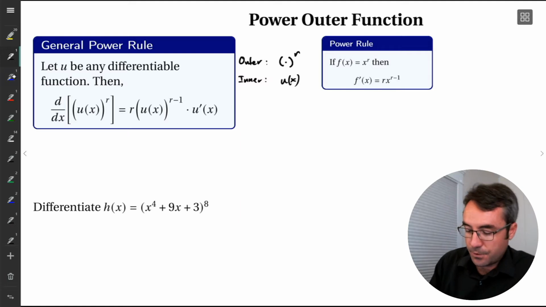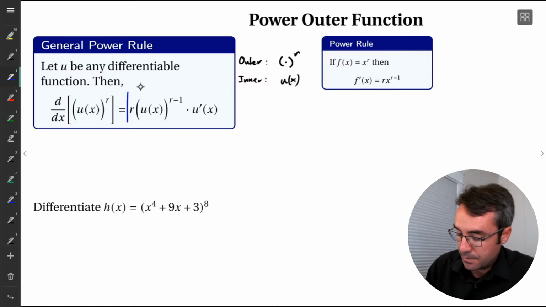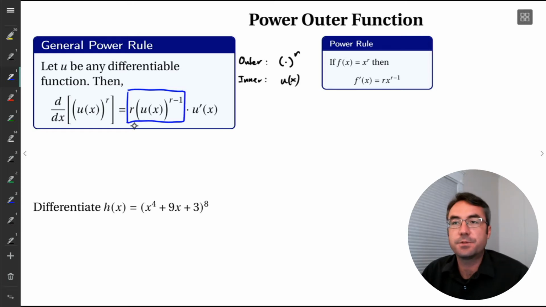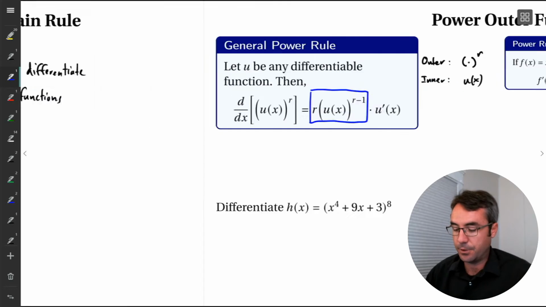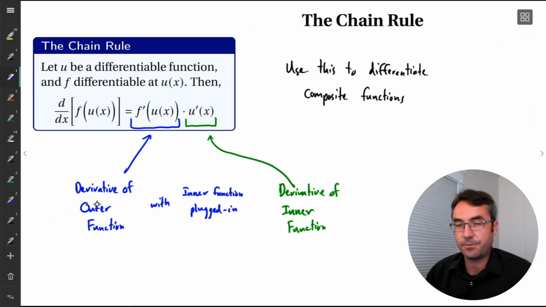This whole first piece is the derivative of our outer function, the derivative of the power function part with our inner function plugged in. Going back to our chain rule, that first part is the derivative of the outer function with the inner function plugged in.